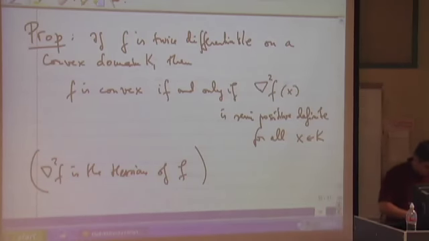And I think that would be appropriate to do in number 4, which I'm going to assign as homework.